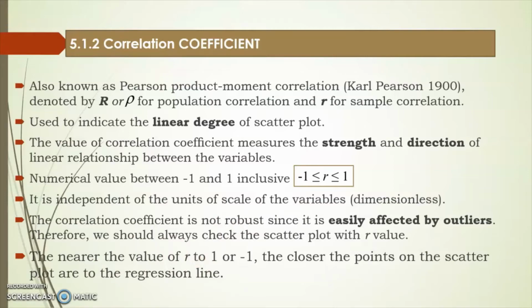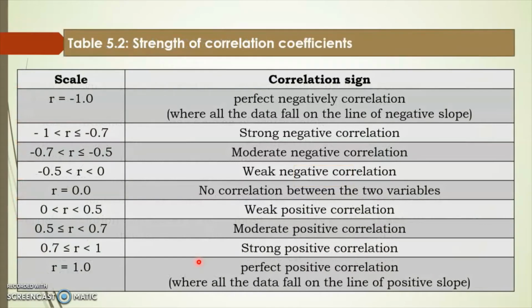Actually, there's a table that you can use to describe the strength and the direction of your linear relationship using R. If your R is -1.0, it means that your independent variable and dependent variable, your factor and response, has a perfect negative correlation.